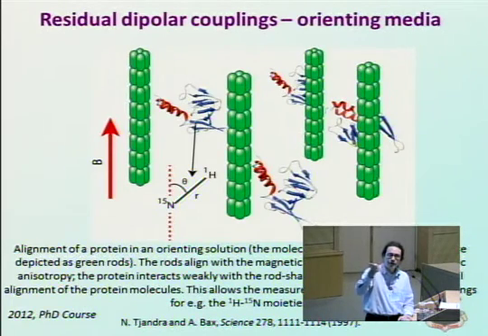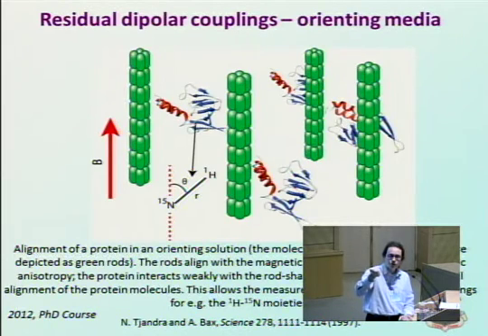The protein is interacting with this, so it gets partial alignment to the field, and you recover some of this effect, where basically you can measure, for example, the 1J coupling between proton and nitrogen, and this also contains an effect that depends on the angle between the magnetic field and the NH bond vector. So you can basically measure this angle here.